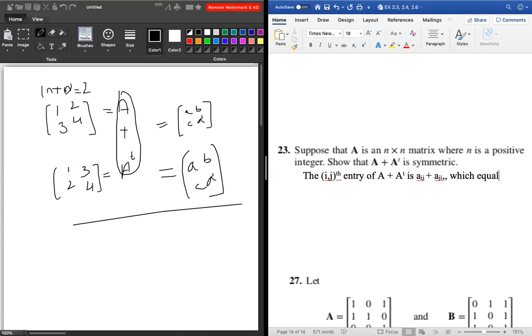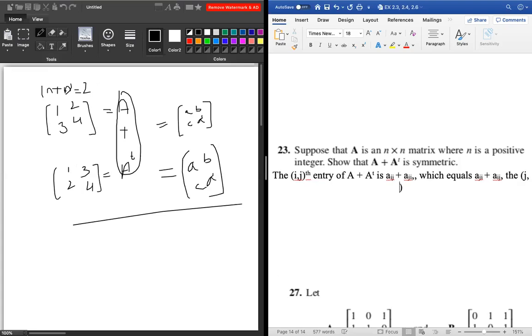Which equals a_ji plus a_ij, the jith entry of A plus A transpose.